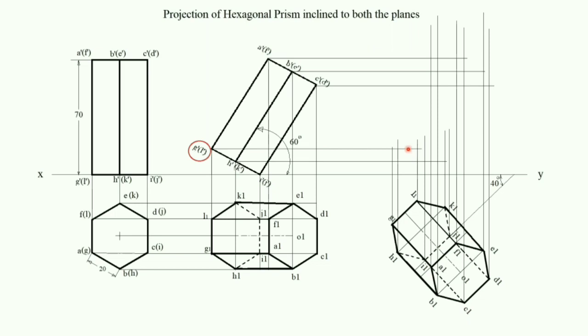From the tilted top view, we have G, the intersection point is here, and L can also be located. This is the point L. Similarly, all other points can be located using the same method, and name them accordingly.